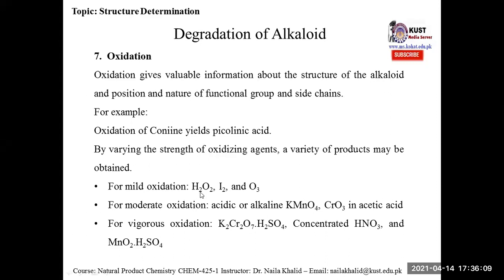For mild oxidation: hydrogen peroxide, iodine, and ozone. For moderate oxidation: acidic or alkaline potassium permanganate and chromium oxide in acetic acid. For vigorous oxidation: potassium dichromate in sulfuric acid, concentrated nitric acid, and manganese dioxide with sulfuric acid are used.